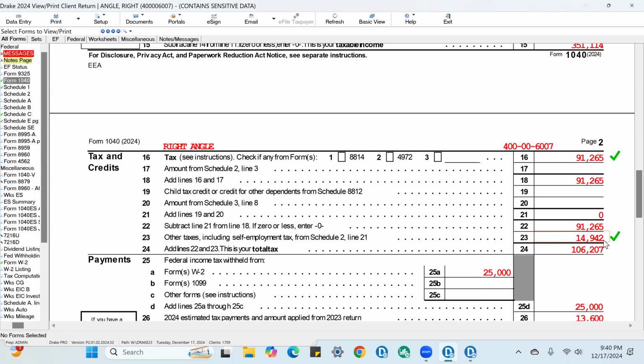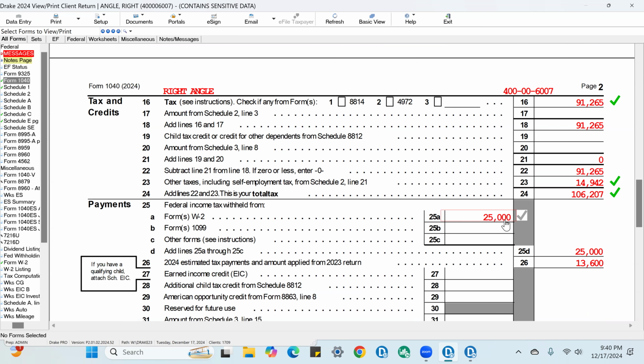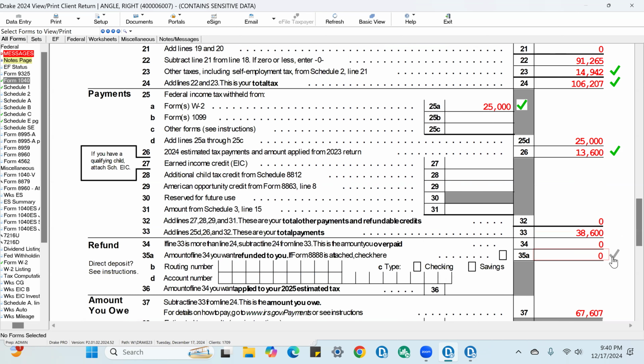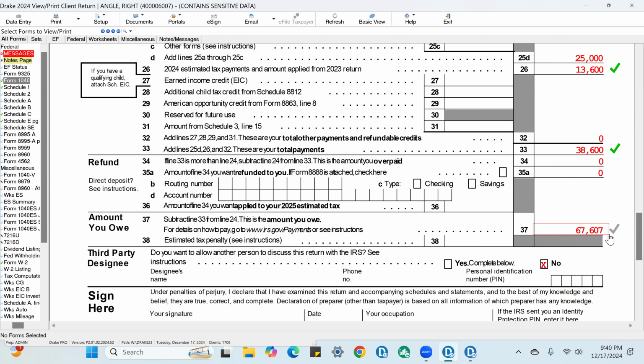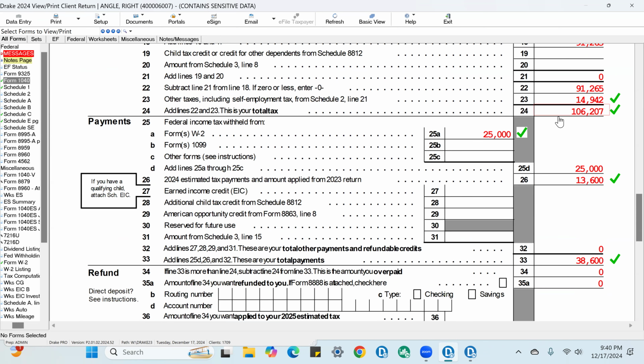This is called self-employment tax. Added together it is 106,207. Now, if he used a W-2 and only paid this, the total payment would be much less. That's a huge tax to be paid, because the law firm is very successful.